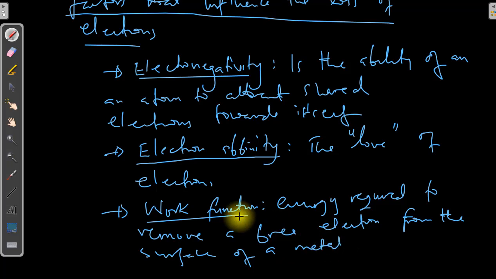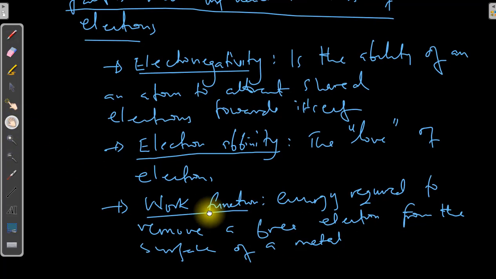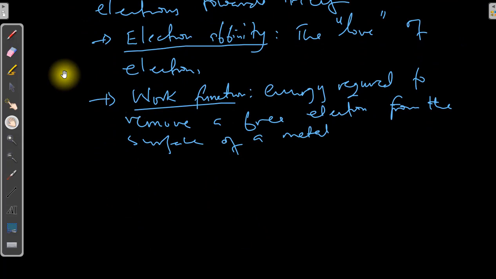Work function is mainly defined for metals, although we can also talk about work function for other materials. But in terms of electrostatics, work function could be a general term for all materials. In photoelectric theory, work function is very specific to metals.